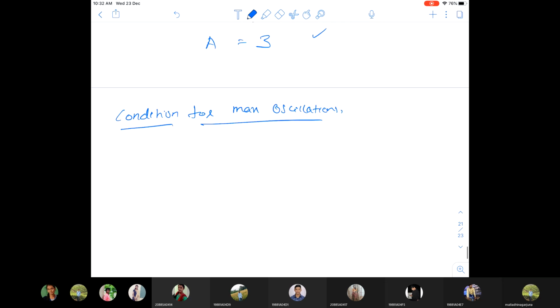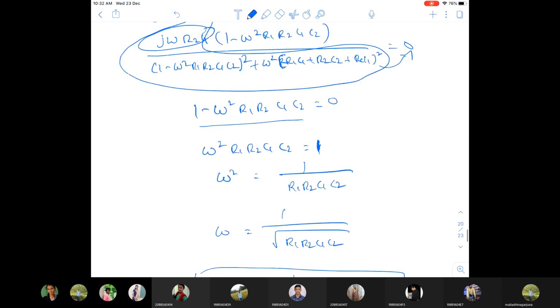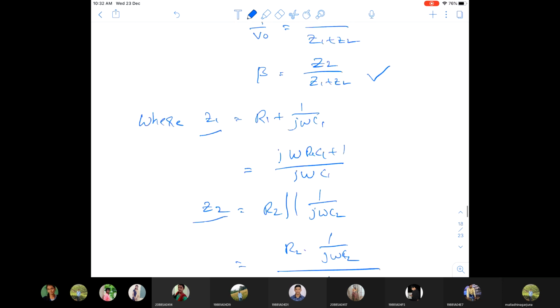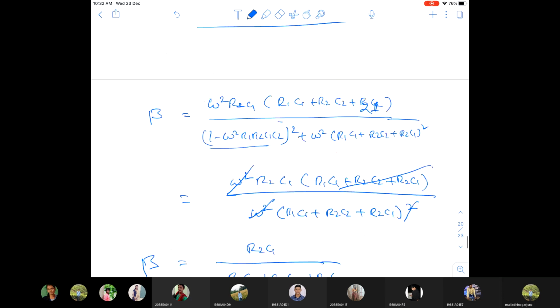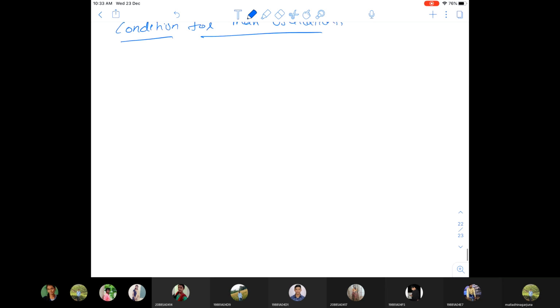So this circuit is a bridge circuit; the feedback network is a bridge. At the balanced condition of the Wien bridge, the phase shift for the signal frequency is exactly 0 or 360 degrees. The balanced condition is R3 by R4 equal to R2 by R1 plus C2 by C1.